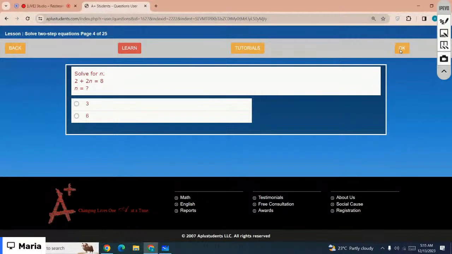So which is the correct option? Yes, it is 3. The correct option is 3.